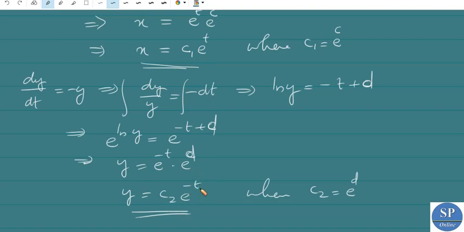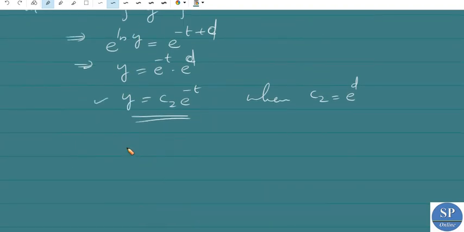Here t is the parameter. So we have to eliminate the parameter t between these two equations, x equal to c1 e power t and y equal to c2 e power minus t. We can just multiply x and y. So x into y is equal to c1 e power t into c2 e power minus t, that is c1 into c2 e power t minus t, which is e power 0.